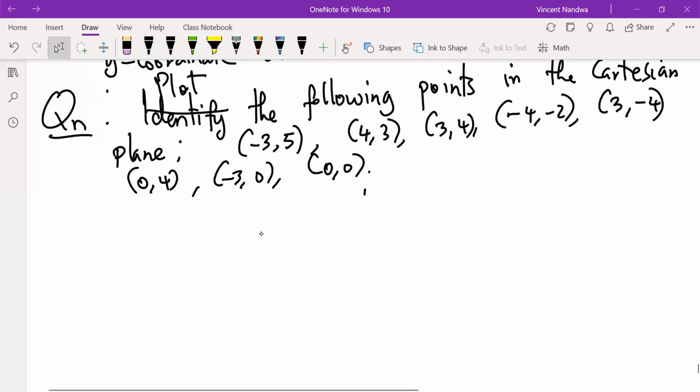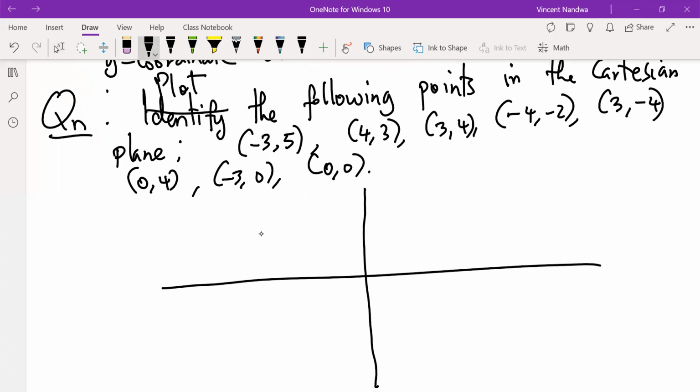Now we draw the vertical of the y-axis and then the horizontal of the x-axis. This is now y-axis. So let this be 1, 2, 3, 4, 5, 1, 2, 3, 4, 5, 6. So you choose an appropriate scale on each of the axes.